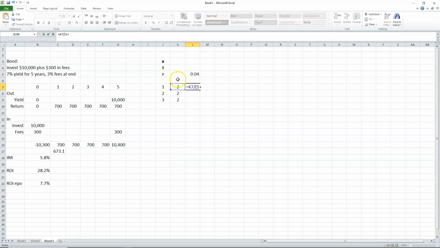1 plus this raised to this. Now, one thing about Excel is I want to keep reusing this value over and over again. If I pull it, it's going to become L6 and go to 0. So the way you can do that is highlight the term you want and then hit F4 on your keyboard. And what these dollar signs mean is that it won't change that value of the cell.